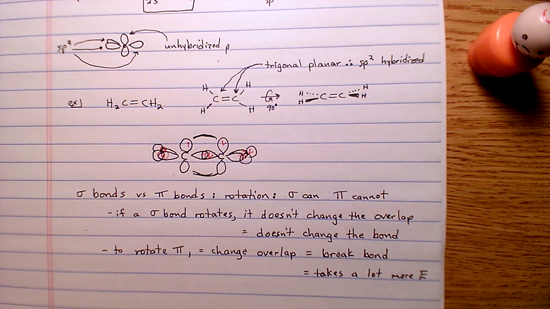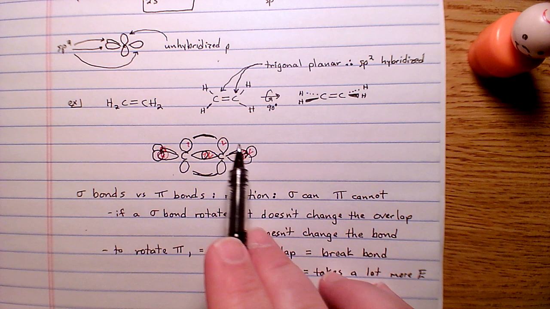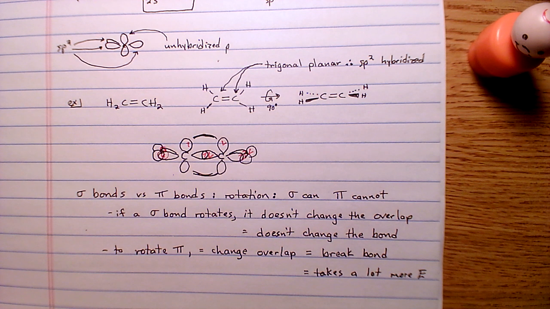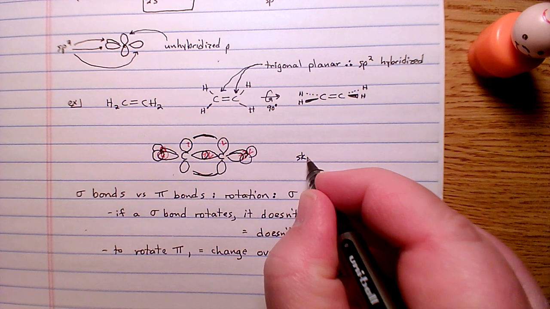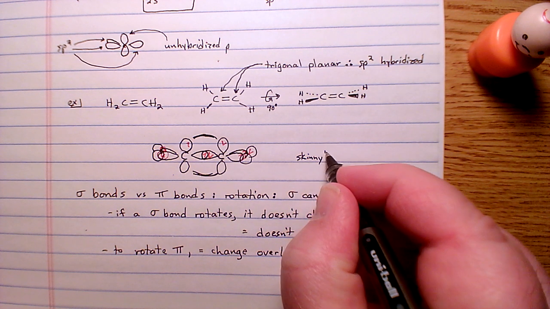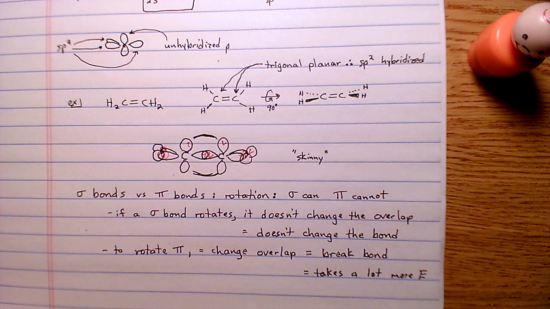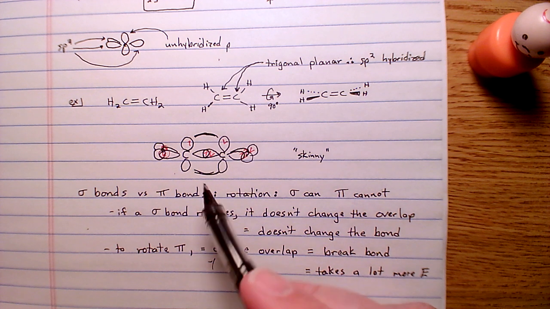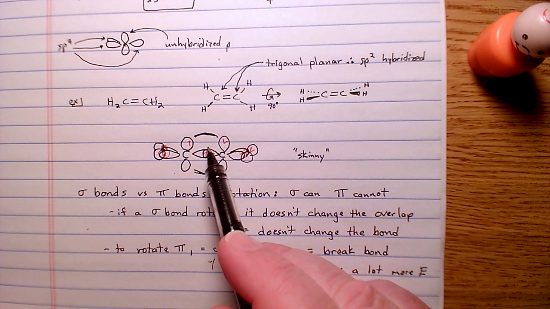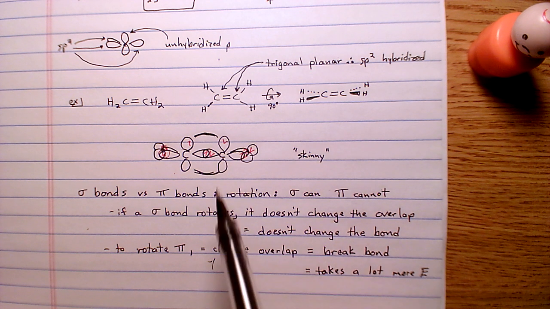Here's the thing. When we draw these orbitals, we draw what we call skinny orbitals. I don't think that's the scientific term for them, but that's what we call them, skinny orbitals. Those are not how the orbitals actually look. P orbitals don't actually look exactly like this. sp2, sp3 hybrids don't actually look like that.